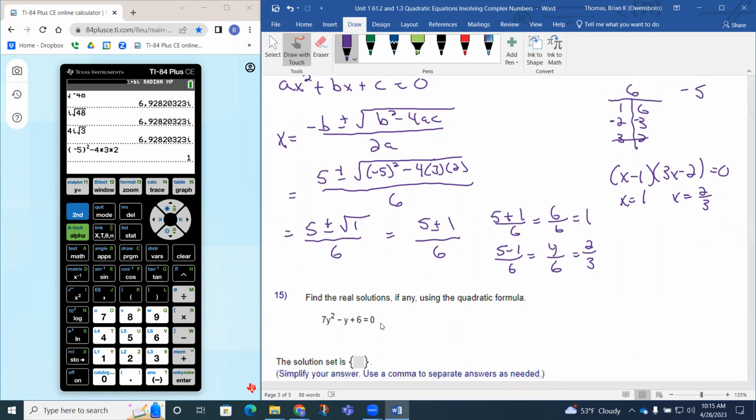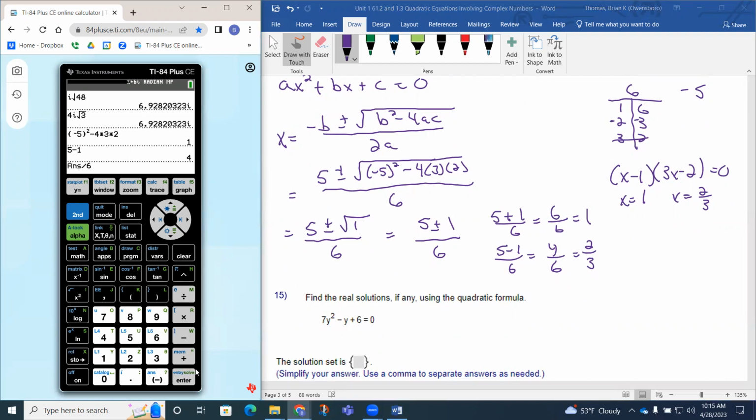So again, if I just type in 5 minus 1, hit enter, divided by 6, hit enter. Notice that's a decimal. The calculator, or the MyMathLab in this situation, wants exact answers, and they want them as fractions. So if I hit math and turn that back into a fraction, that'll give me that 2/3.